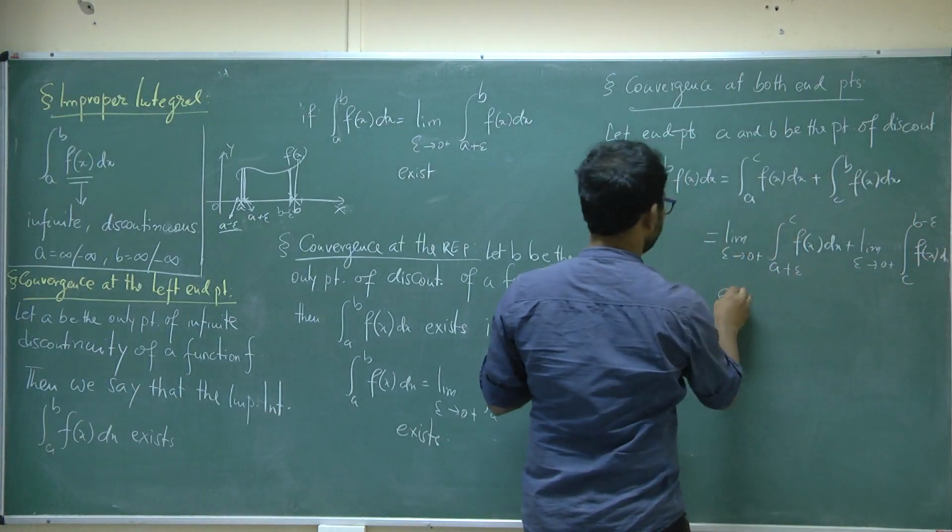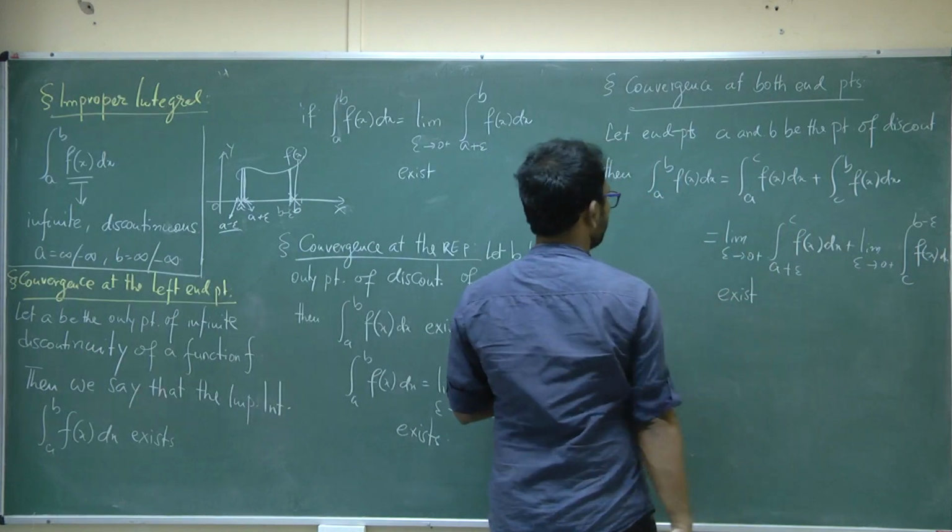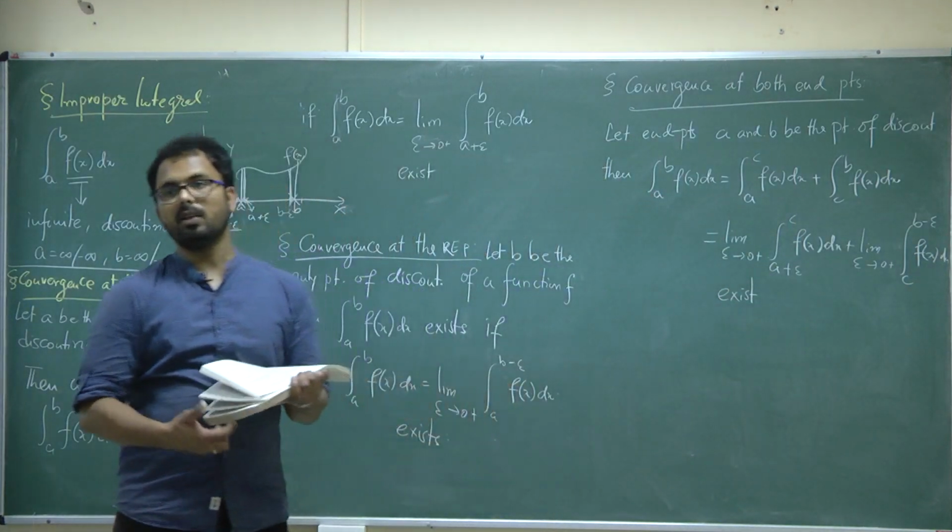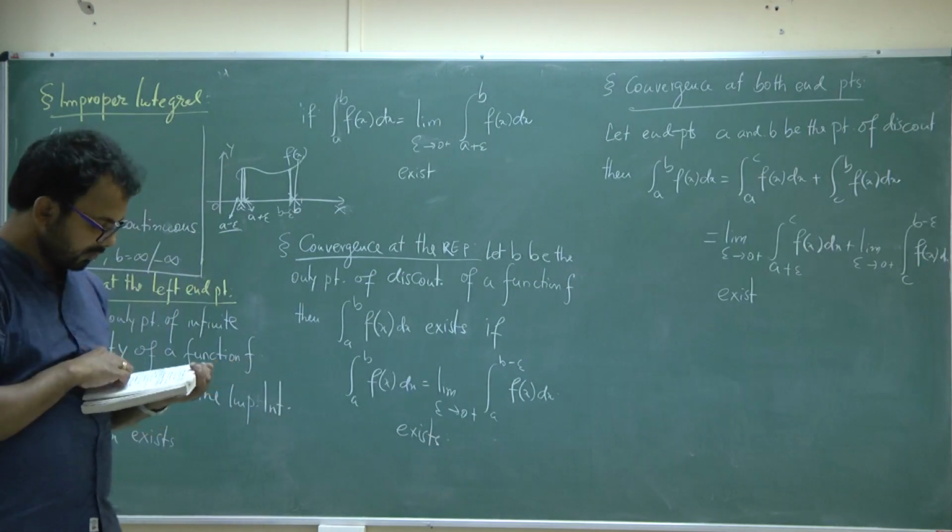Now, if those limits exist, then we say that the given improper integral is convergent. All right.